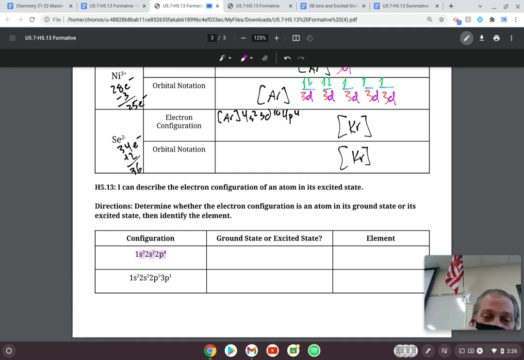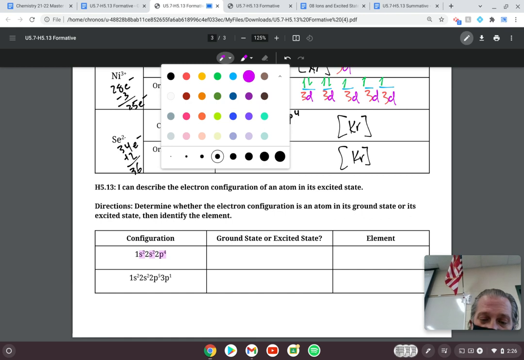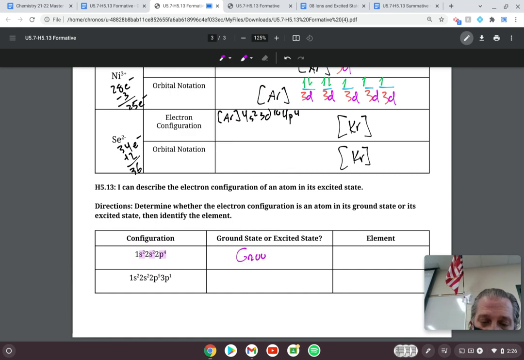So I'd be pretty comfortable saying that we are in the ground state. If it's in the ground state and we're asked to figure out the element, I would take 2 plus 2 plus 4, which is 8, which gives me oxygen.